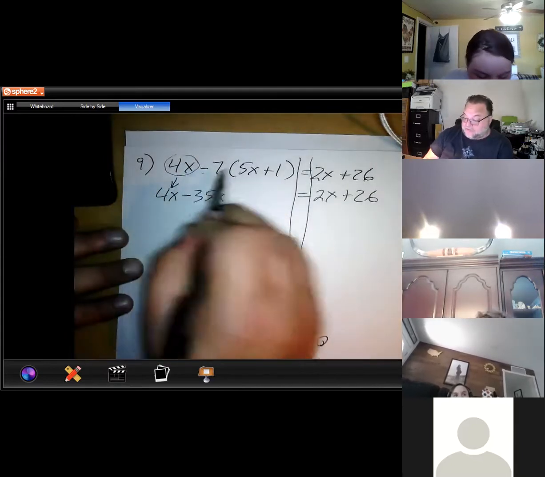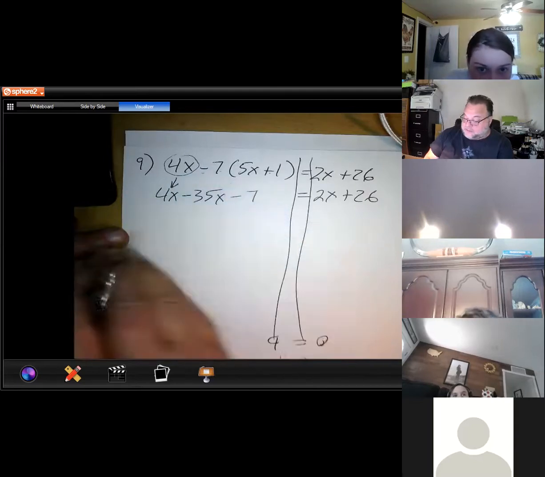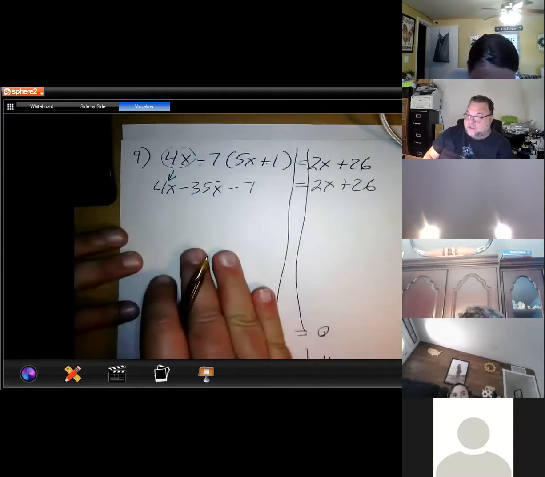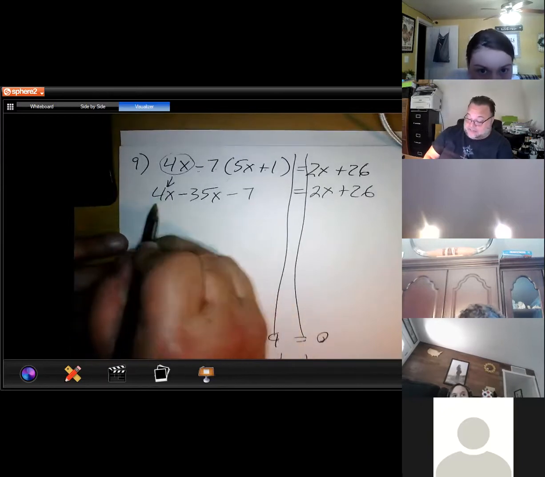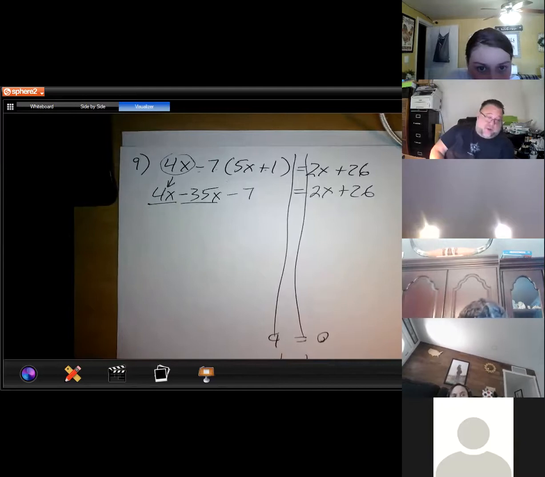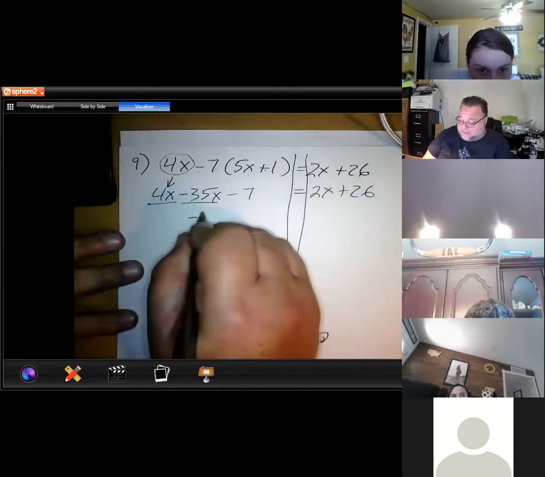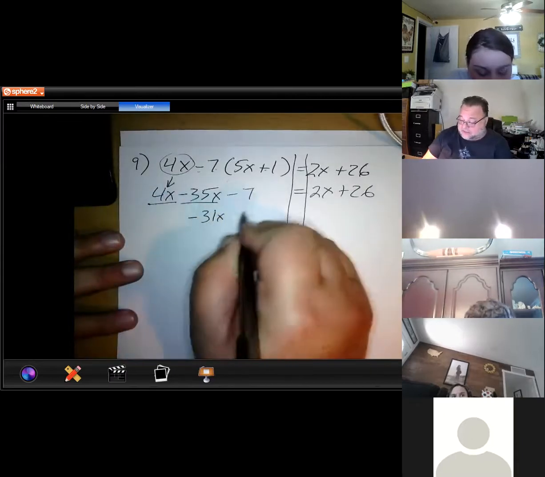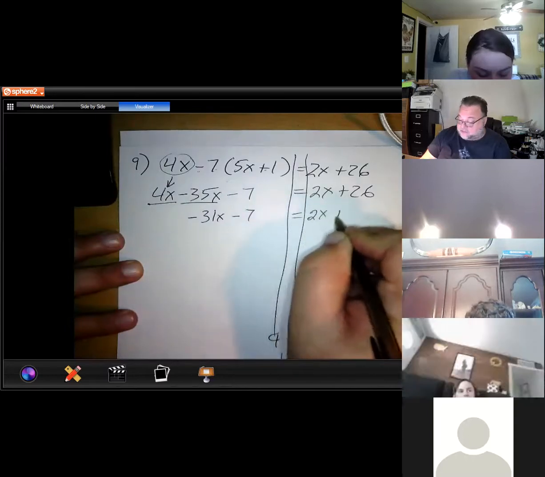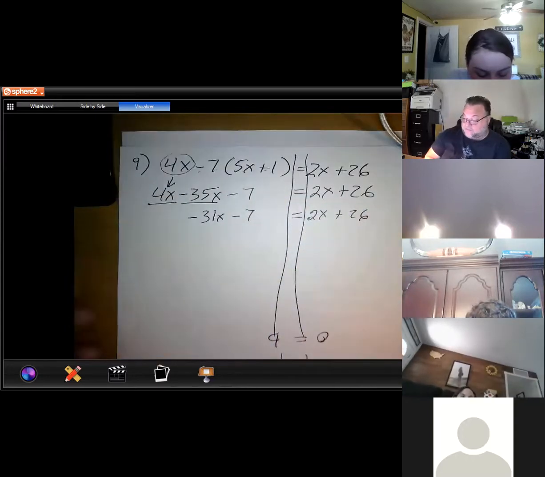And then negative 7 times 1 is going to be negative 7. Now, when you look at this, I can see that these are like terms. So it's going to be in my best interest to go ahead and combine those two terms right now. And when I do that, I'm going to have negative 31x minus 7 equals 2x plus 26.